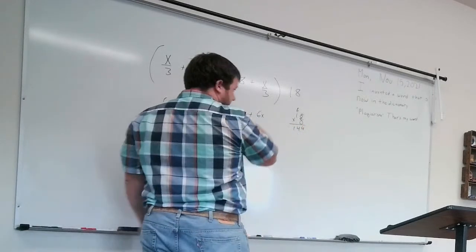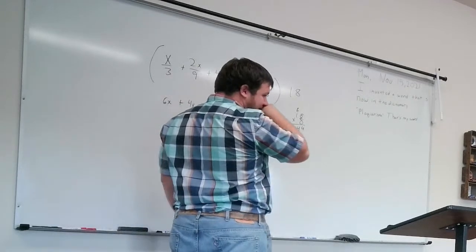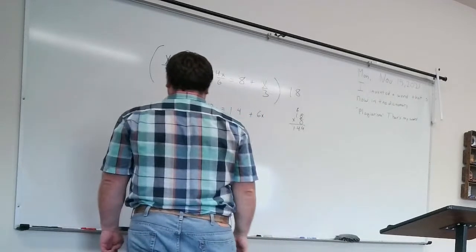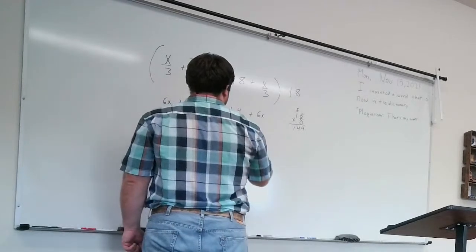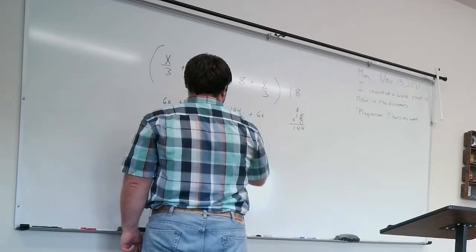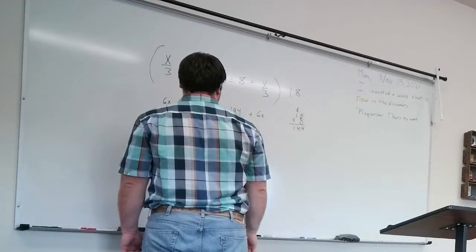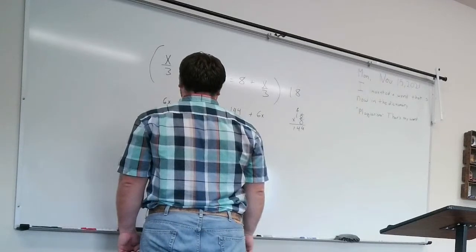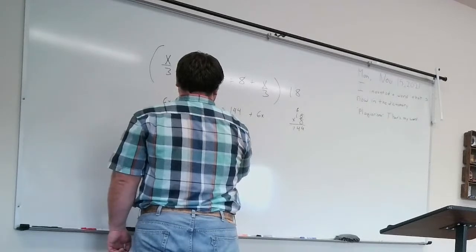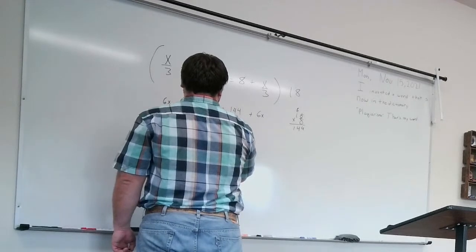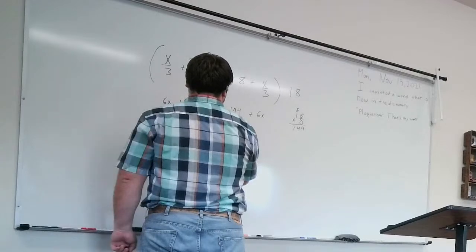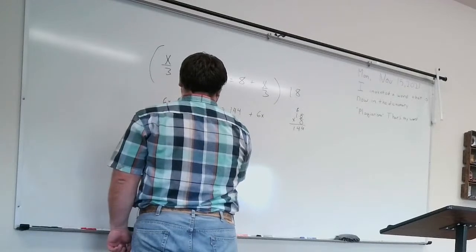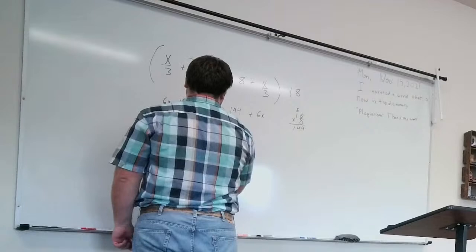So you have to put your other 22x equals 144 plus 6x. So subtract your 6x. Yes. And that is going to be 18x equals 144.